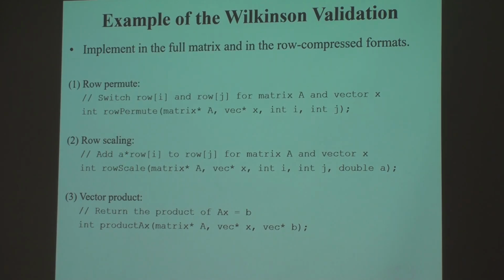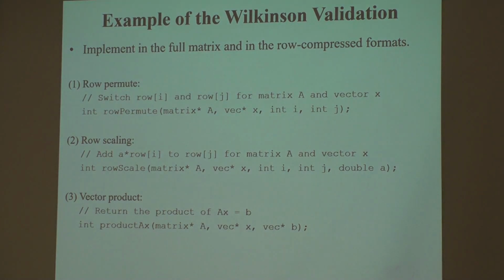You scale row J by row I. Again, if you do that together with your B, it shouldn't change the solution at all. It's the same solution. So it's called row scaling. It means that scaling the row factors of the matrix and adding to another row should not change the matrix solution at all, but it's a very essential operation on the matrix.